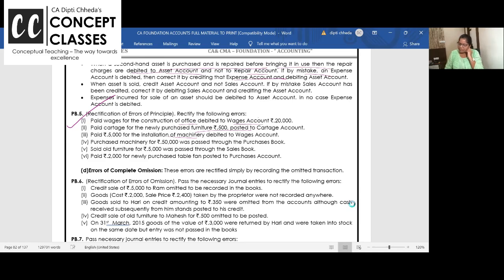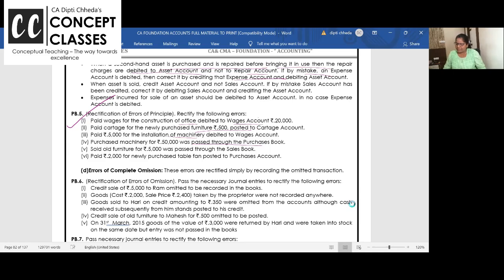Purchased machinery for 50,000 was passed through the purchase book. Same. If you have purchased a machinery, debit machinery because it's not debited. Wrongly purchase is debited, so credit it. Wrong entry, correct entry, rectifying entry.